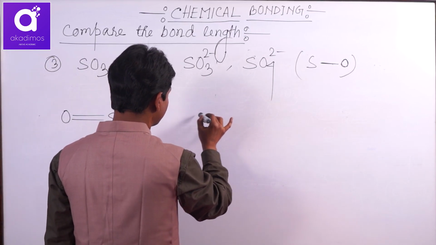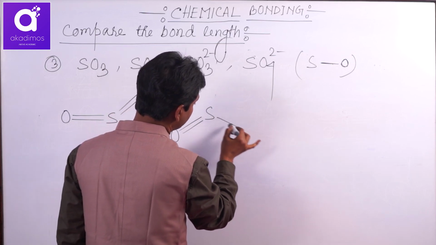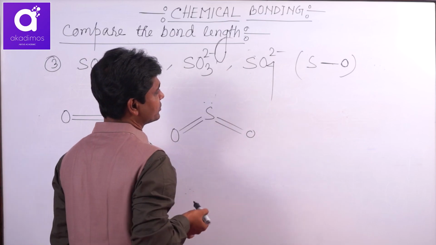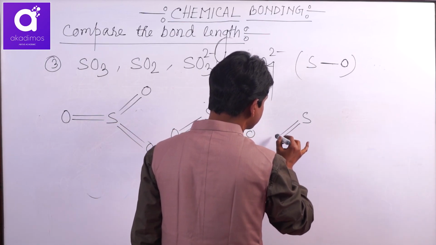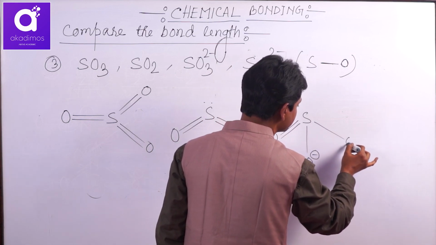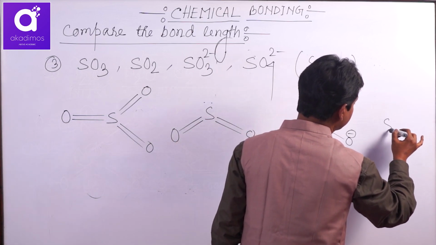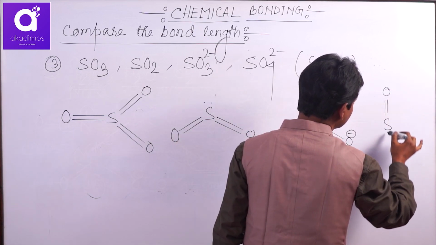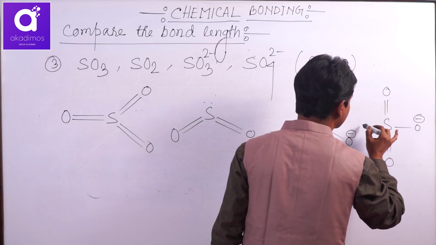This is SO3, and you know the structure of SO2, S double bond O, S double bond O, there you will get a lone pair on sulfur. And SO3 2 minus, you know the structure, 1 double bond O, 2 oxygen with minus 1 charge, and you will get a lone pair on sulfur. And SO4 2 minus, 2 double bond O and 2 with minus 1.